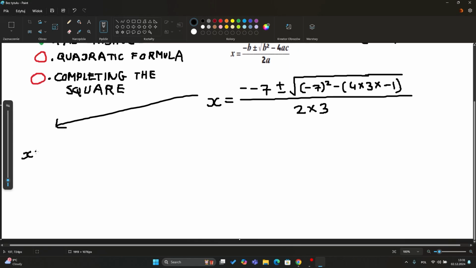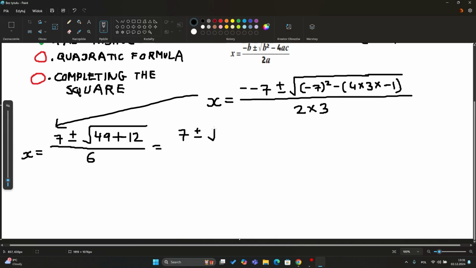So that simplifies to x equals 7 plus minus the square root of 49 plus 12, all over 6. And this equals 7 plus minus root 61 over 6.